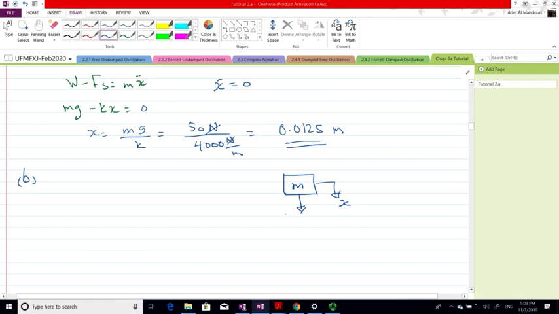Once you apply force, that one will be more than the weight. The question said static displacement means because of the driving force, and also there is a spring force all the time, Fs.